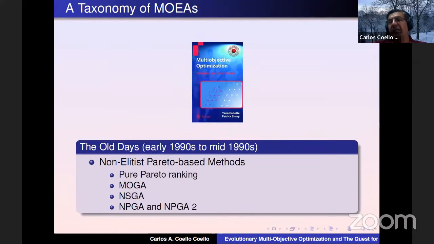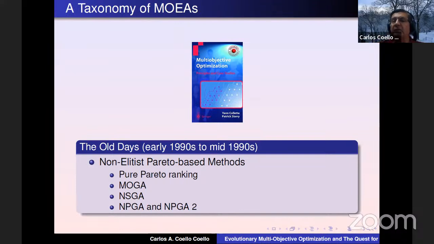Then in the early 90s, researchers in evolutionary computation start to pay attention to multi-objective optimization, and a number of algorithms are developed. We have, for example, Fonseca and Fleming's MOGA, introduced in 1993; Deb's NSGA, the Non-dominated Sorting Genetic Algorithm, introduced in 1994; and Jeffrey Horn's Niched Pareto Genetic Algorithm, NPGA, introduced in a technical report in 93 and in a conference in 94.